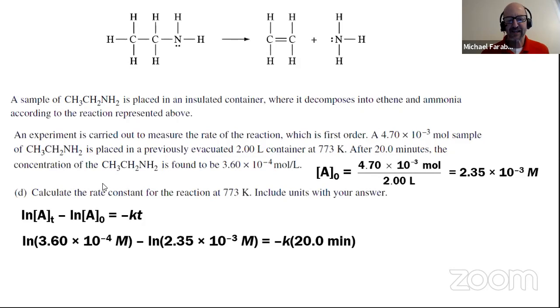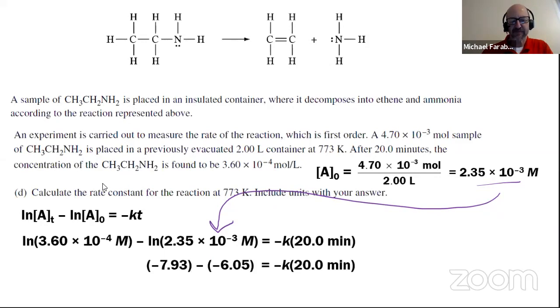Now I can plug in that particular number for my initial concentration into the first order integrated rate law equation. So I'm going to go ahead and take care of this math. I'm going to solve for K. Now the units are nothing. On the left side of the equation, there are no units when you take the natural log.